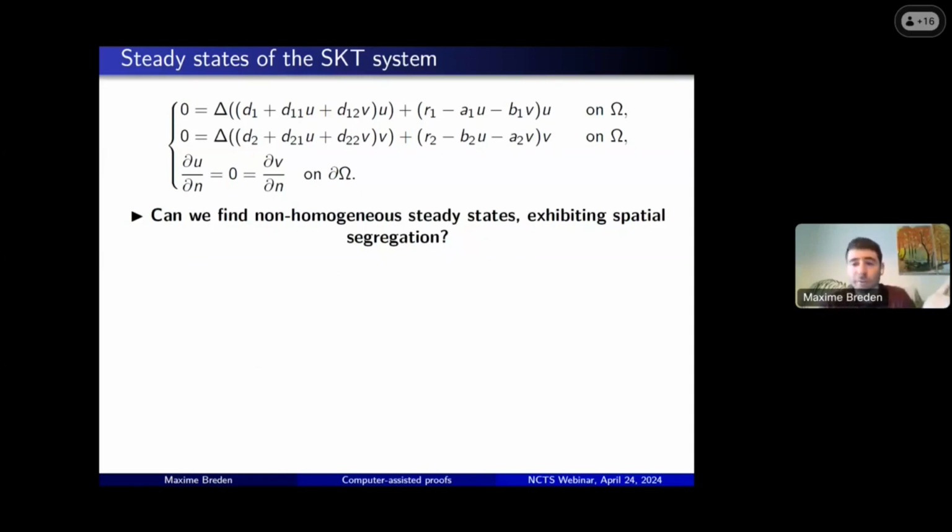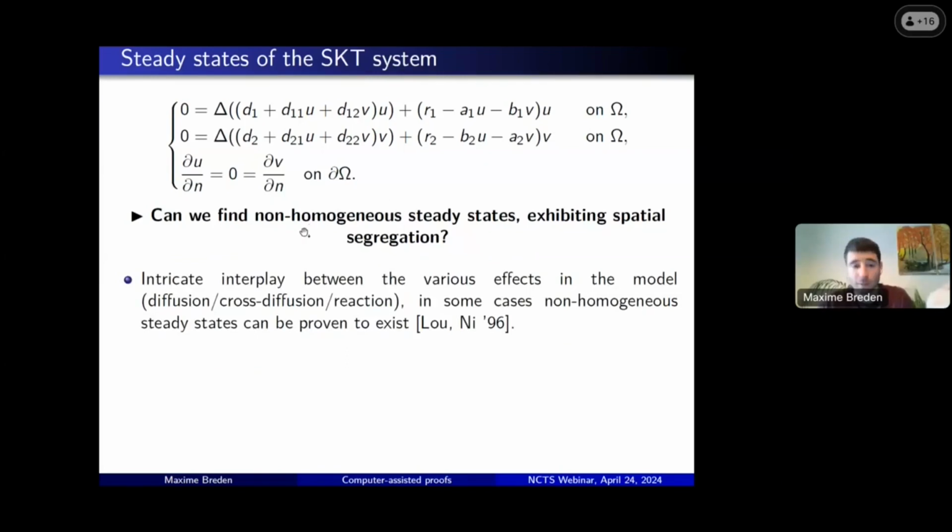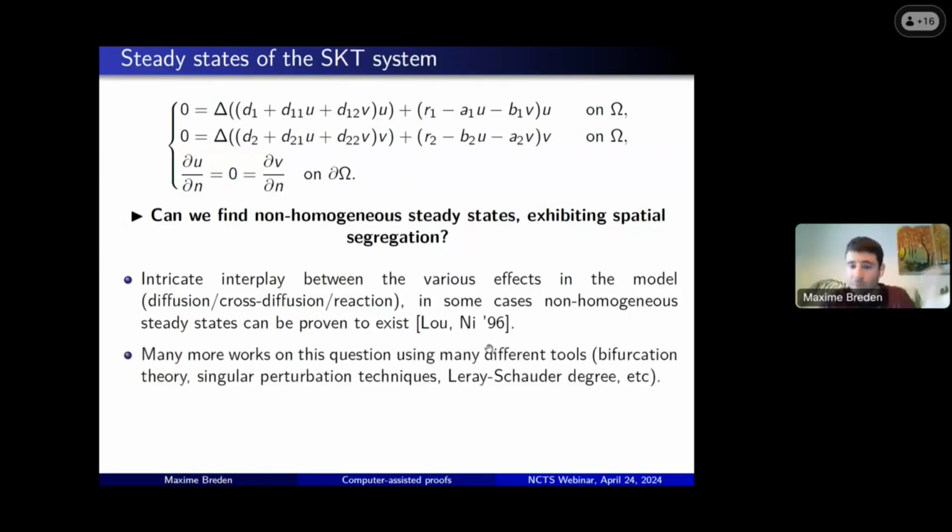The main answer is that indeed you can get non-homogeneous steady states, but it's really tricky, and it depends on how the linear diffusion relates to the cross diffusion, but also to the reaction terms. So it's not a super easy answer, but this is maybe one of the first papers where this was properly understood. Then there are many more papers with many different techniques, which tell you yes, there exist steady states with patterns, non-homogeneous steady states, for this problem. Okay.